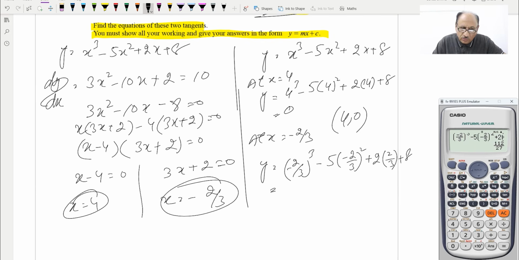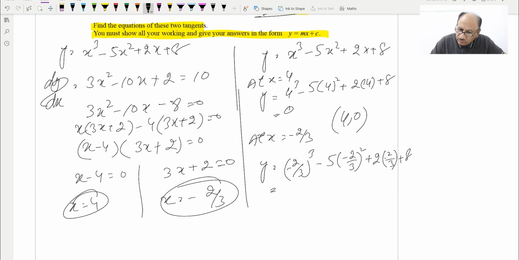I will rectify that as well. This is equal to minus 112 by 27. So this will be the y value, and the point will be minus 2 over 3 and 112 over 27.